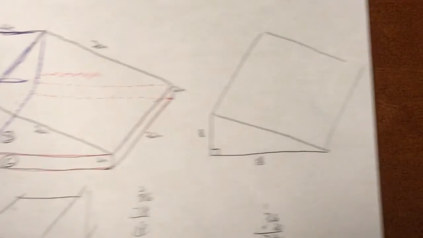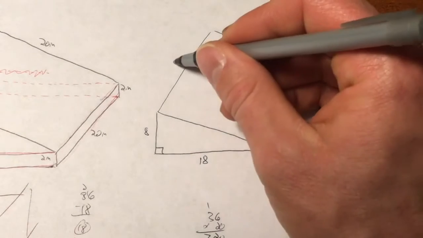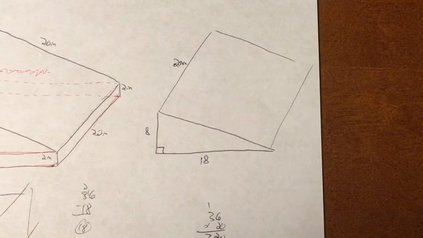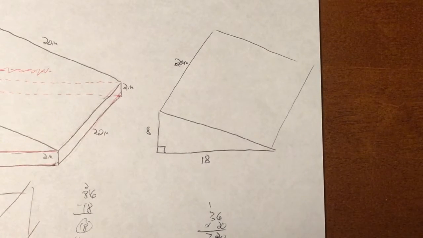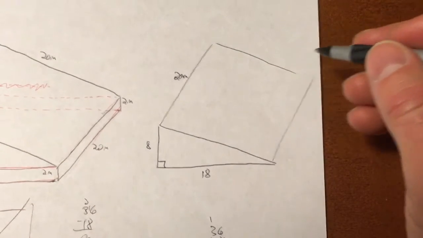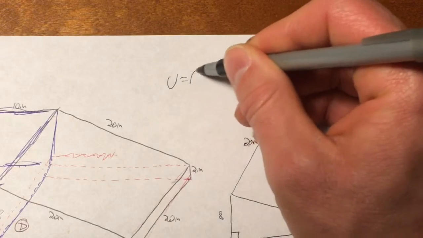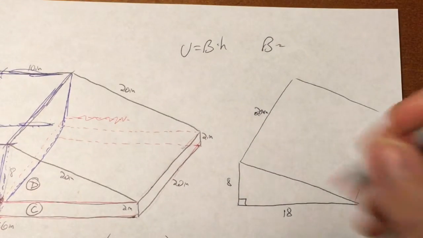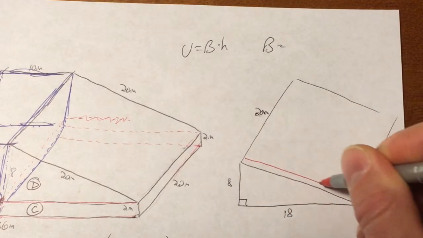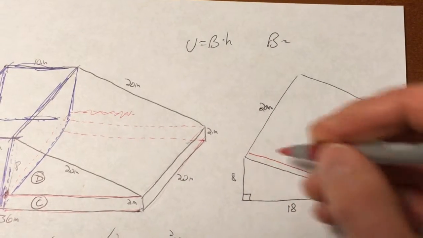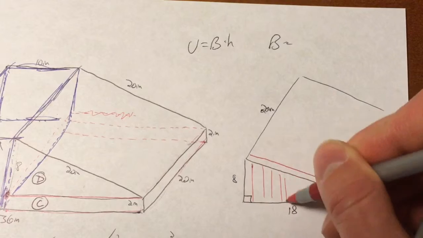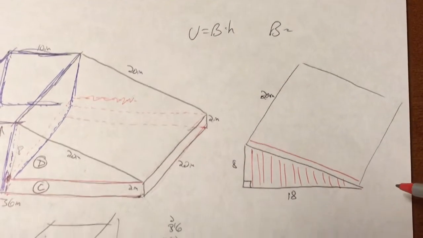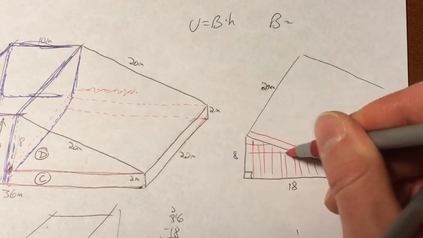Okay, so again, it's 20 inches deep across this shape. And so here, let's do this up here. Volume is equal to big B times H. Big B is the triangle now, right? Because the triangle, yeah, that's definitely not 18 inches, but we'll pretend that it is, and 8 inches tall.